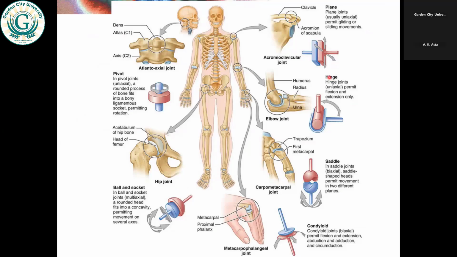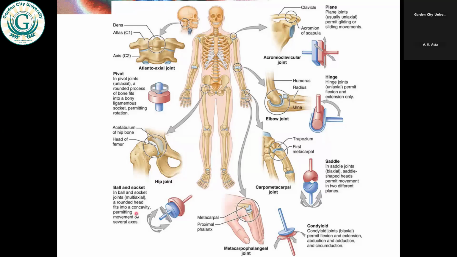There is a hinge type of synovial joint. There is a saddle. There is condylar. There is pivot, and there is a ball and socket joint. So those are based on the nature of the bones, the articulating surfaces.